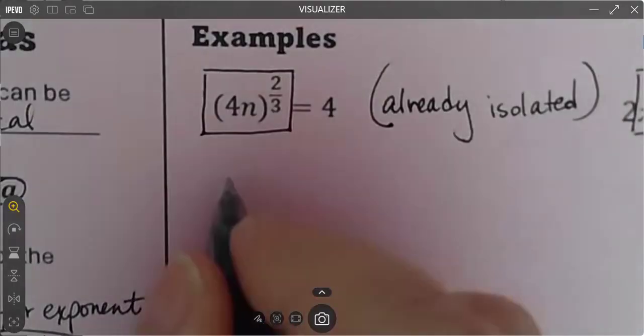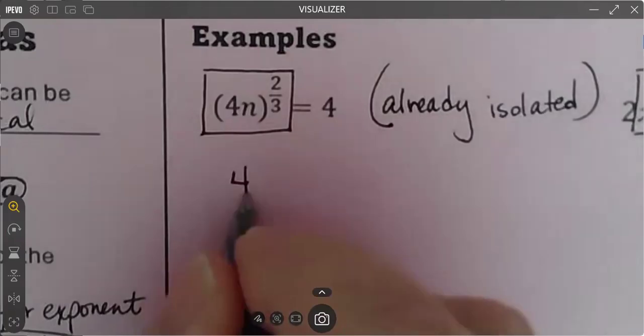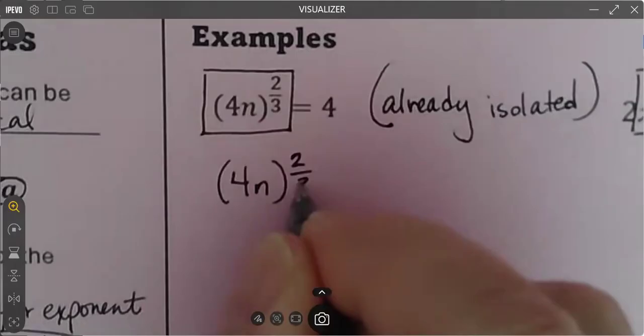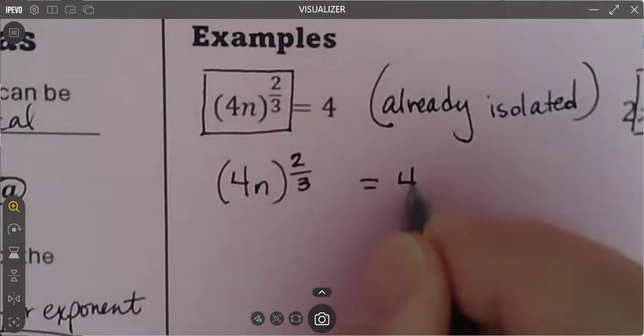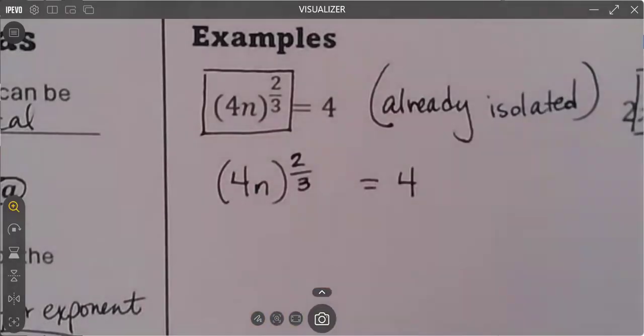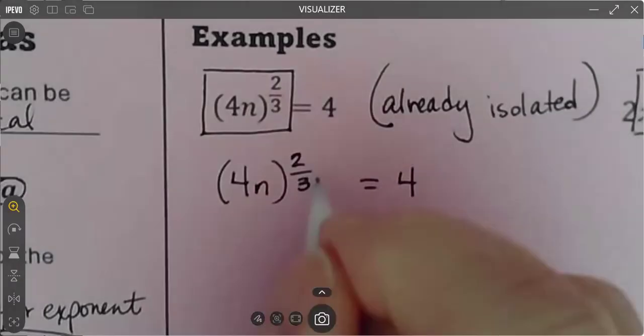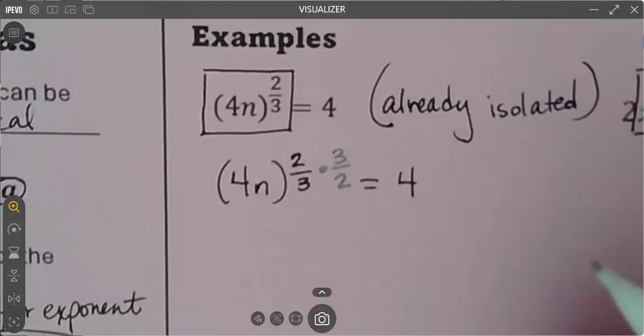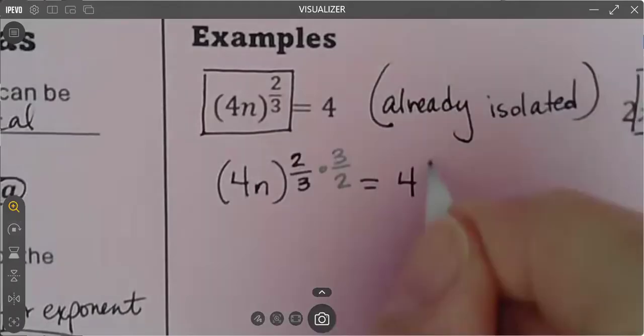So I'm going to write this again, 4n to the 2 over 3 power, equals 4. And what I will add to this problem is I'm going to raise this to the 3 over 2 power. So on the right side, I also do 3 over 2 power.